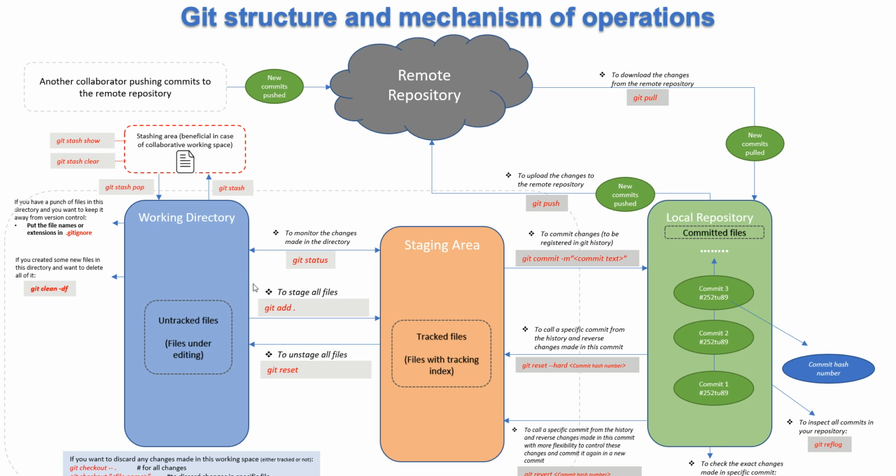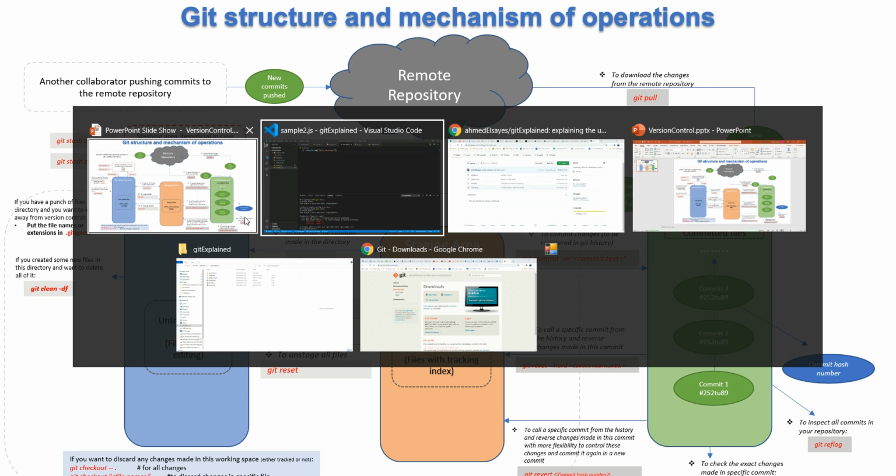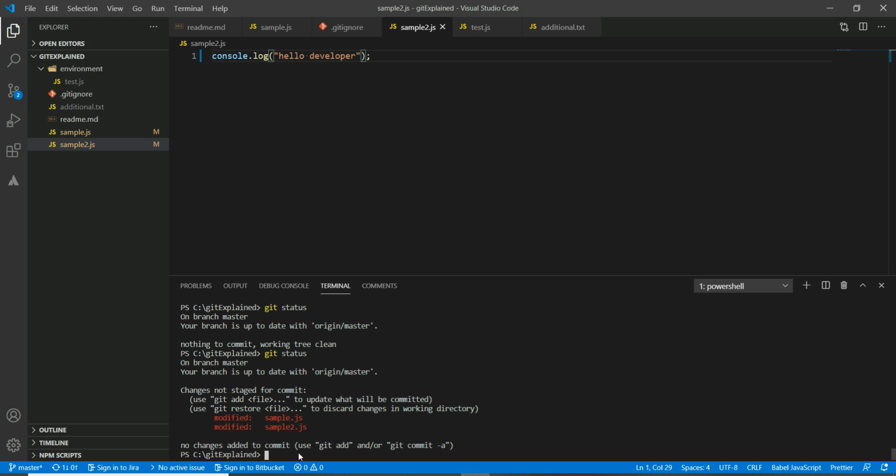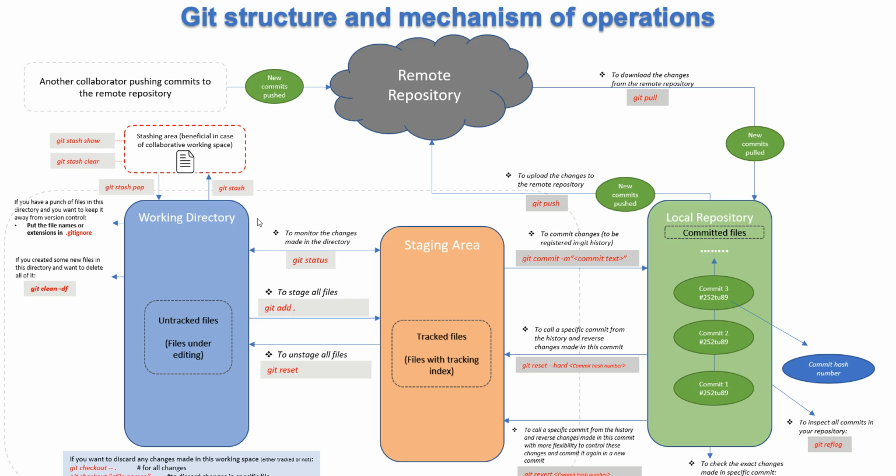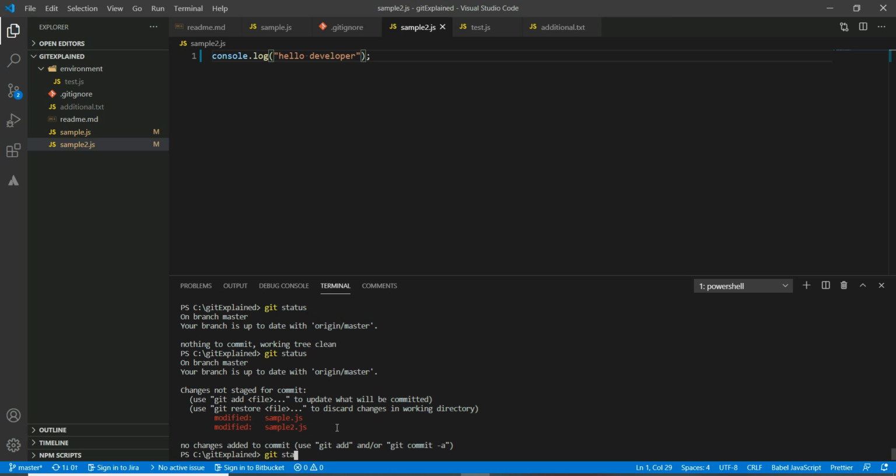To push these changes to the backup space, you just need to run git stash.